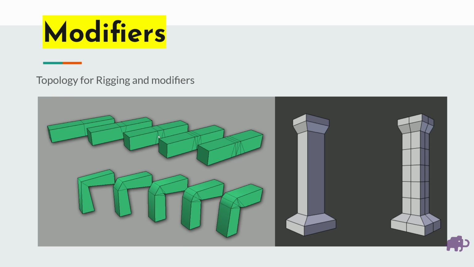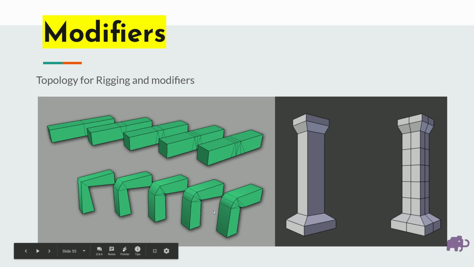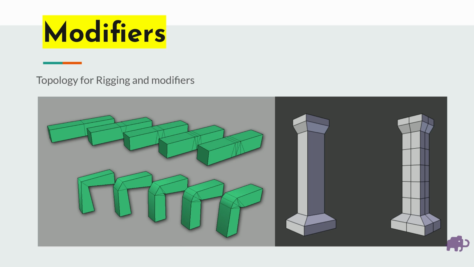If you look at these bars on the top, if we just have one single point in the middle, it bends kind of weird. As soon as we add 2, it gets a lot better. We add even more, it actually starts to allow it to bend better. So we don't have to worry about this most of the time, but if we are planning on having something bend for animation, we have to change the way we add information.